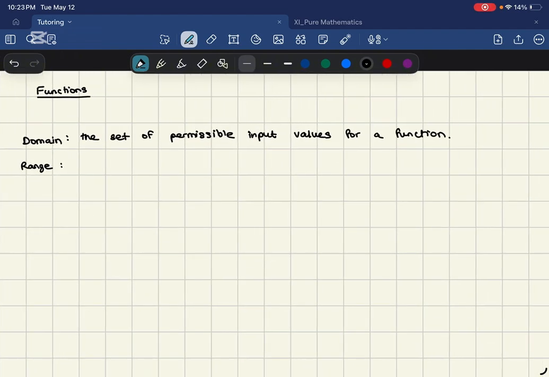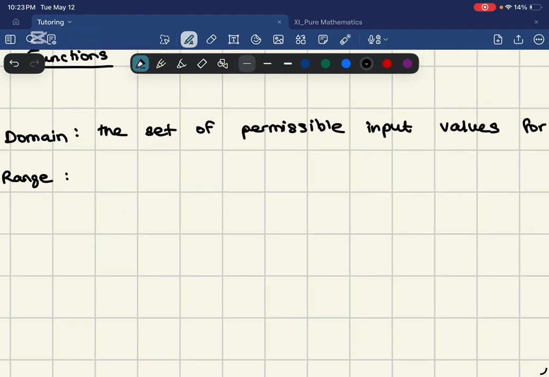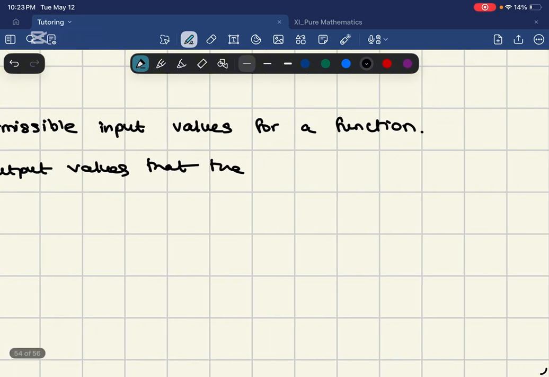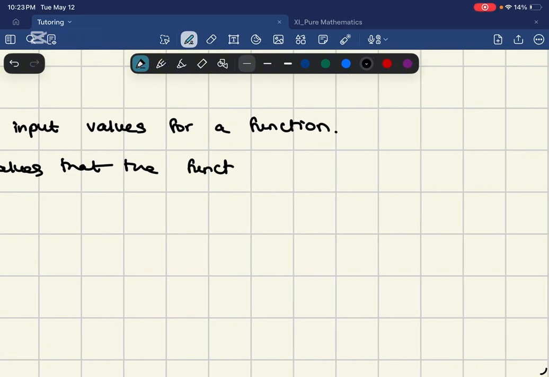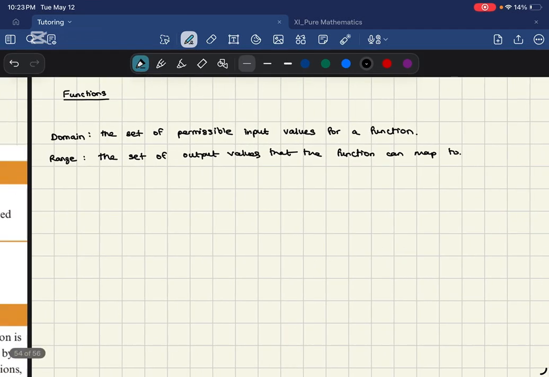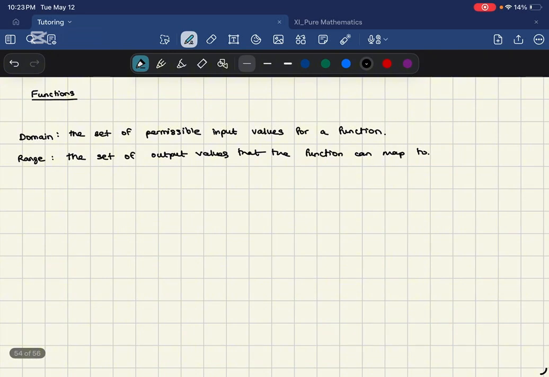Okay, this set of permissible input values for a function is the domain, and the set of output values that the function can map to is the range. So basically, domain is a set of permissible input values.